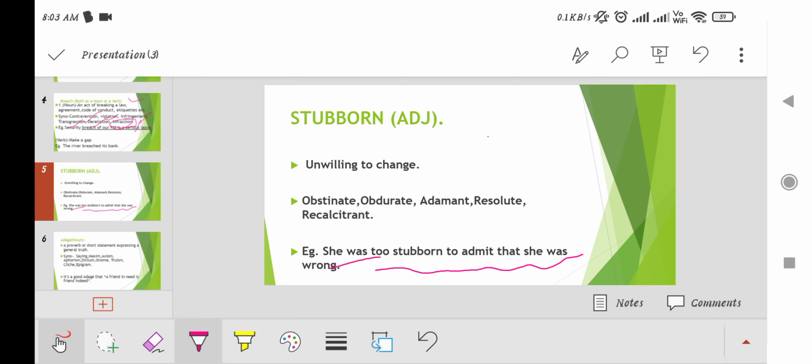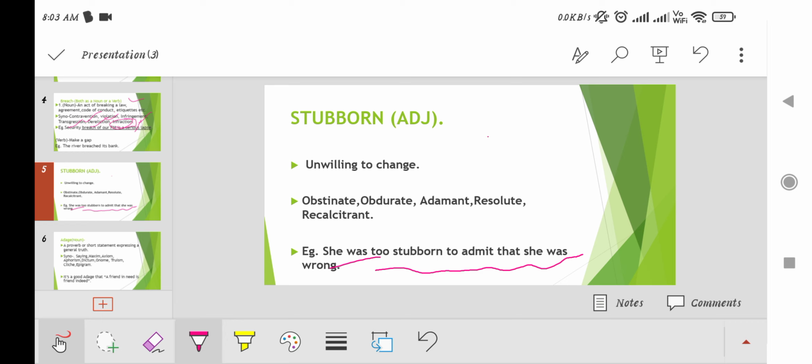When we study the rules of how to change a sentence, there is a chapter in grammar, remove "to". So, he was too stubborn to admit that he was wrong. वह इतना जिद्दी थी कि वह एडमिट नहीं कर रही थी, इसलिए was wrong.